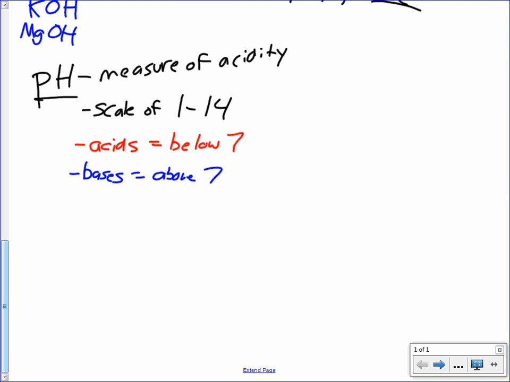High pHs, 12, 13, 14, those are basic pHs. And neutral is something near 7. If it's near 7, it might be slightly acidic or slightly basic, but it's pretty much neutral.